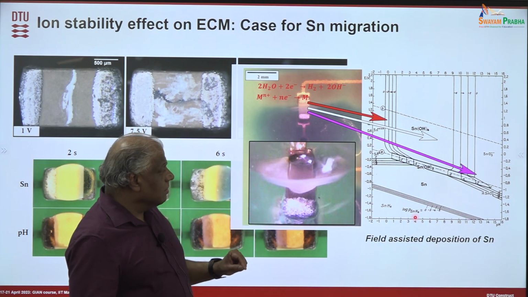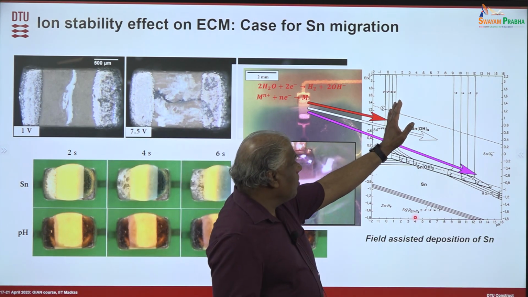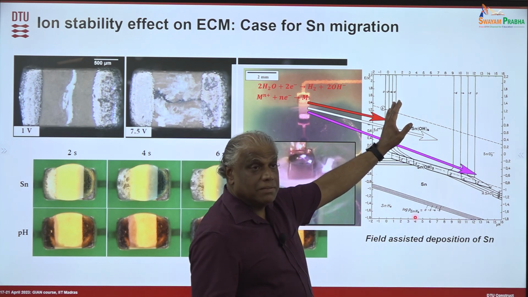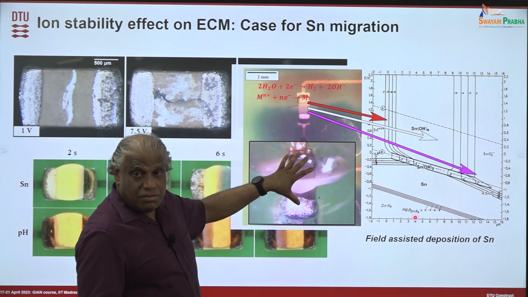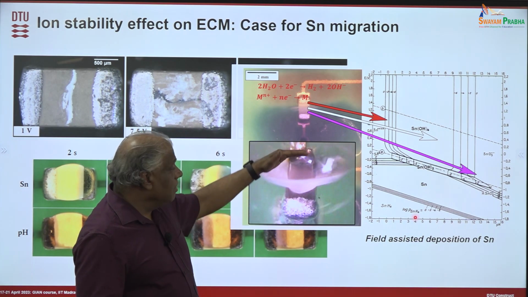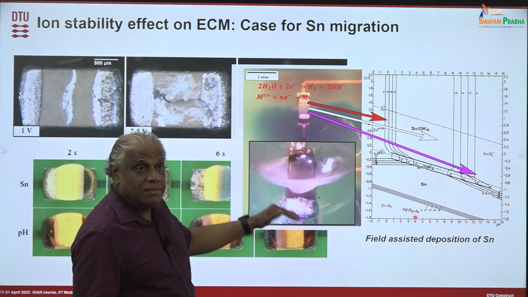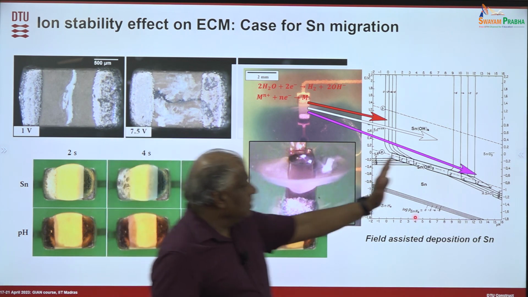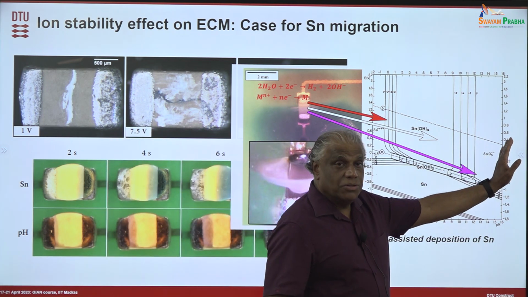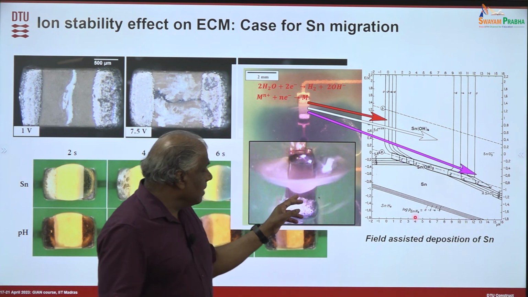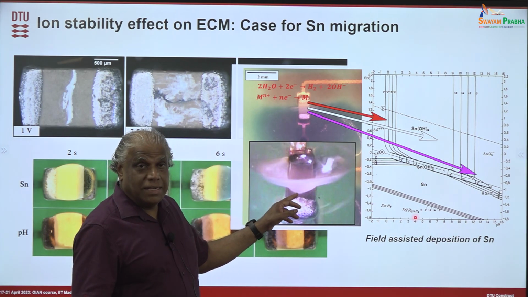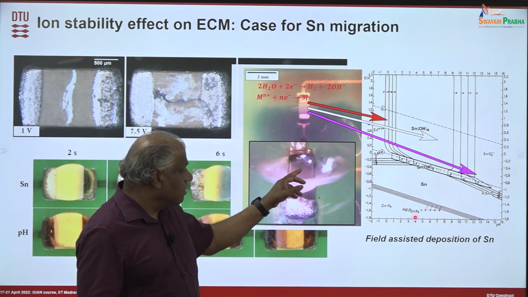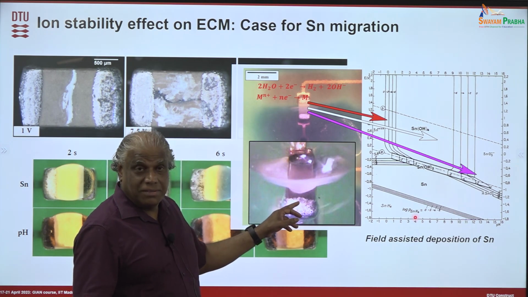Now, all these boundaries are concentration dependent, right? Think that your voltage here is very high, so you are dissolving so much tin. This boundary is shifted to here, which means that even that alkaline condition is not enough to dissolve this tin hydroxide. So tin hydroxide becomes all over the surface.